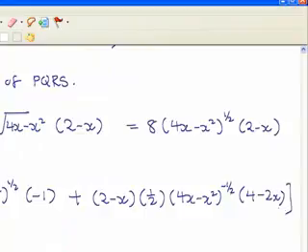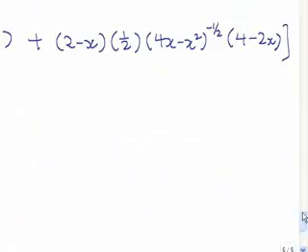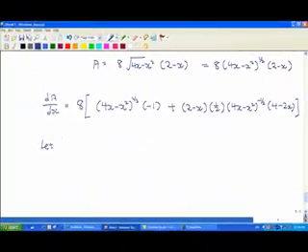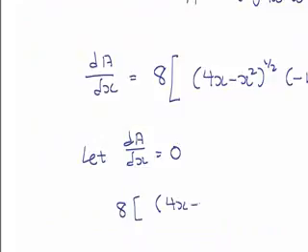Okay. Now the thing is, because we are looking for the minimum, before you even go and simplify, we know that we have to let dA/dx equal 0. So this whole thing must equal 0 to find out what the x value is.